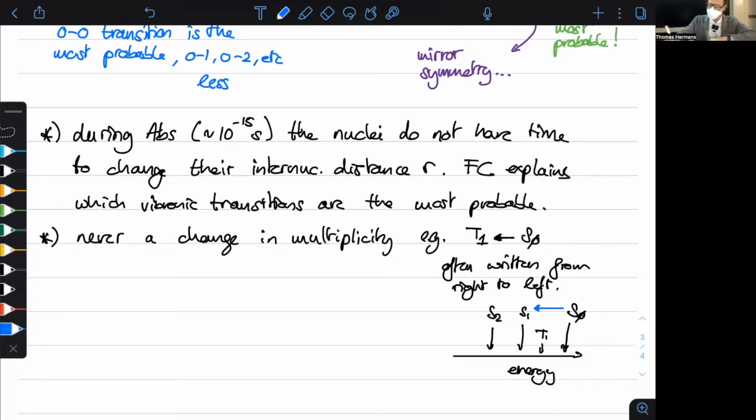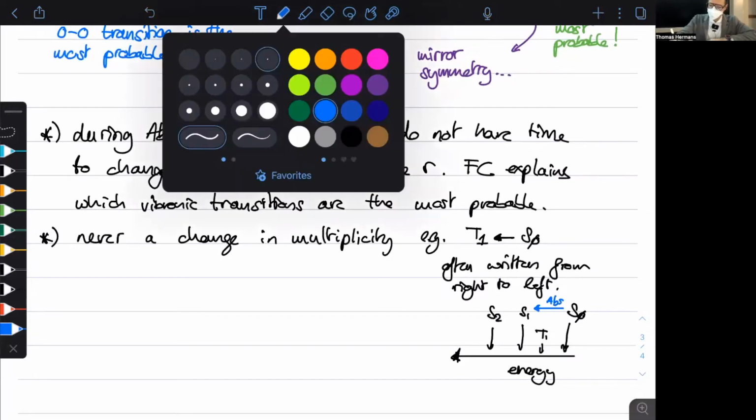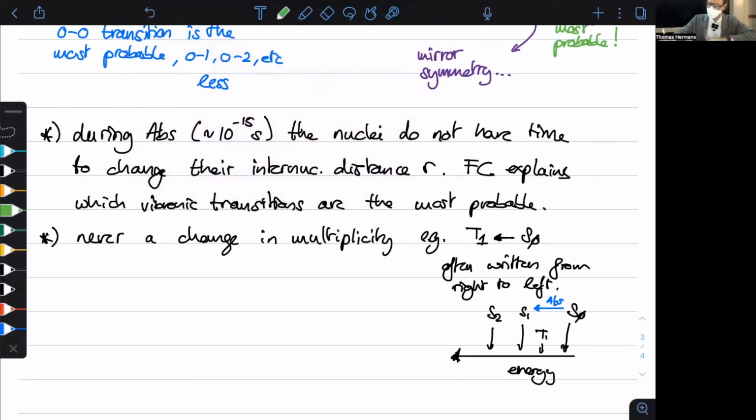Well, actually, this arrow should be the other way, sorry, because energy and wavelength always go in opposite directions, which is why it's confusing. So absorption in this depiction goes to the left and fluorescence goes to the right. Okay. So I'll try to use that same notation that is most commonly used.